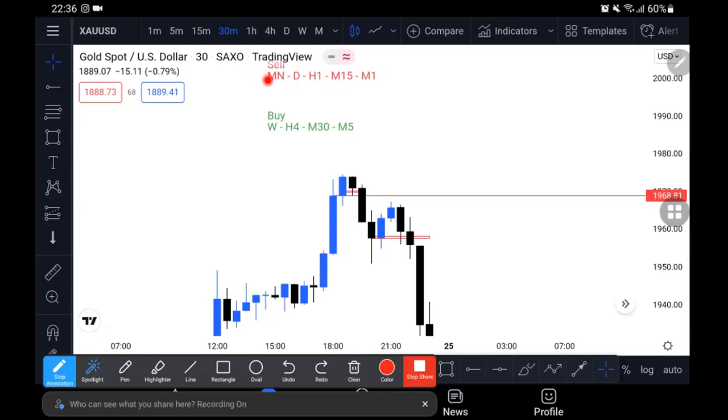Okay. So the monthly is necessary because it is the highest. And then you are good to go. Yeah, lower time frame order.